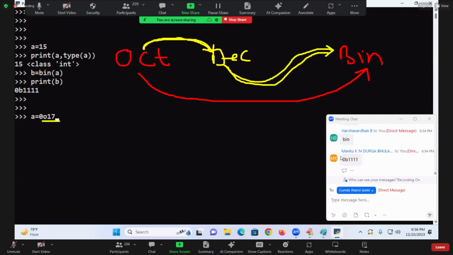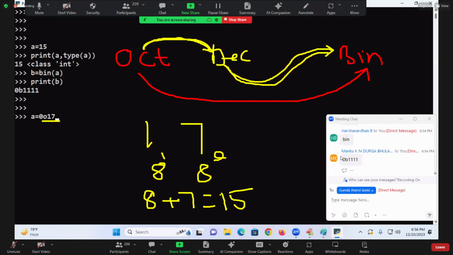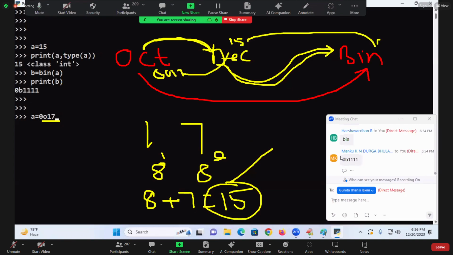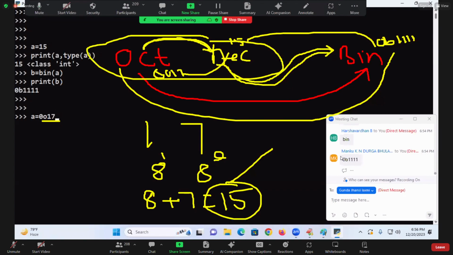Take this data, 0o17. 17 means 8 to the power of 0, 8 to the power of 1: 8 plus 7 is 15. What is the 15 I am converting into? Binary. So octal 0o17 is 15. 15 in binary is 0b1111. So directly this data is going to be like this. For your understanding, I said this thing.